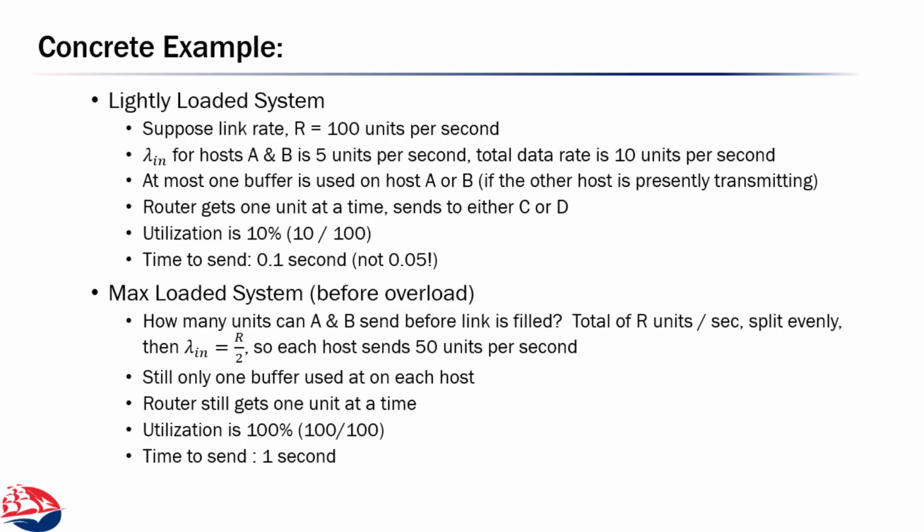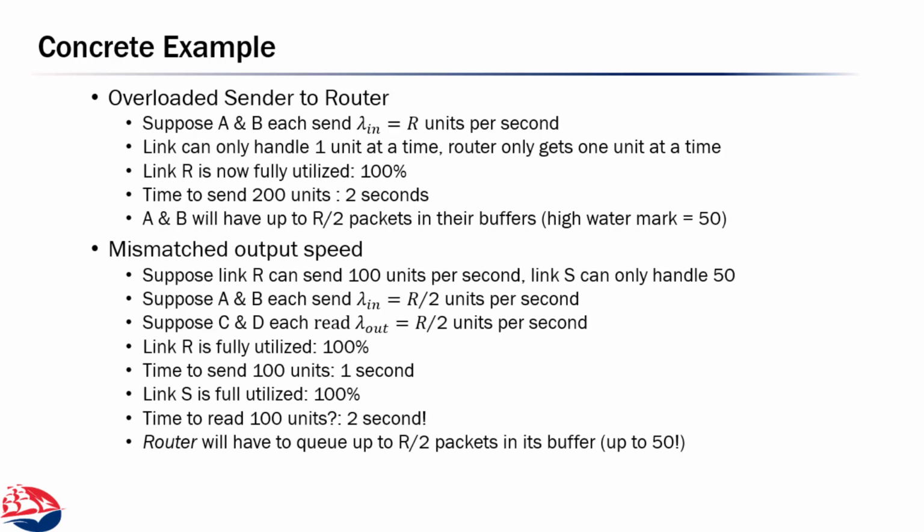So at that point, the hosts can each send 50 units per second. We're still looking at only one buffer used on each host. The router still only gets 1 unit at a time, and it delivers 1 unit at a time to either C or D. But now the utilization is 100%, and the time to send all of the units becomes that full second. We're using all of it.